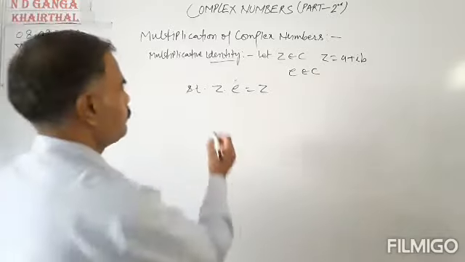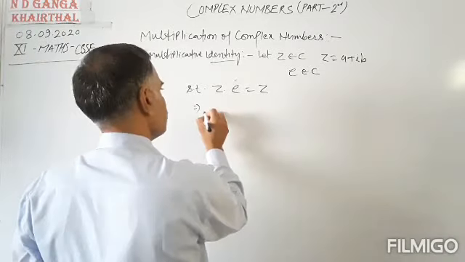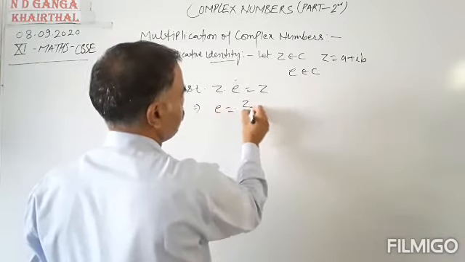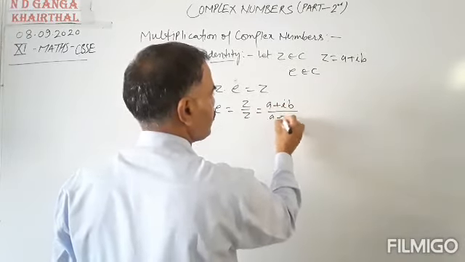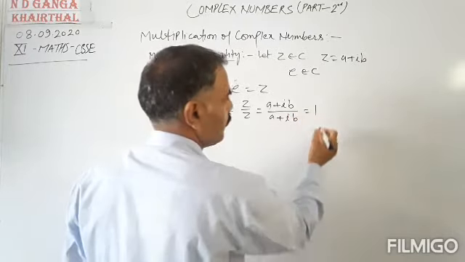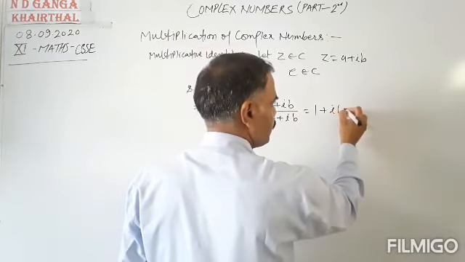Okay, so E equals Z upon Z, that is A plus iota B upon A plus iota B, which equals 1 plus iota into 0, that is 1.